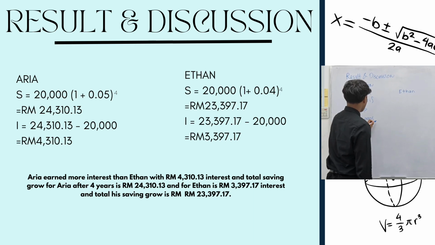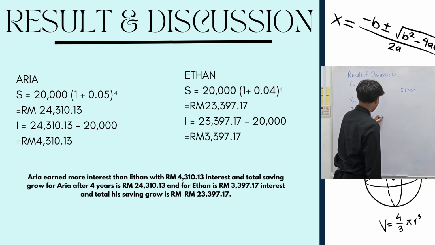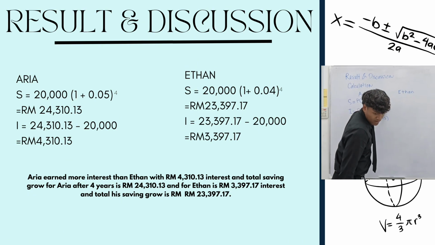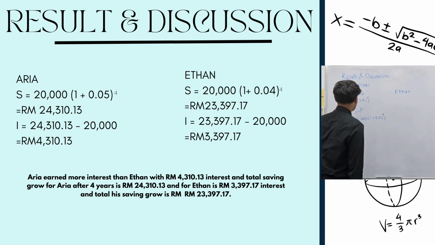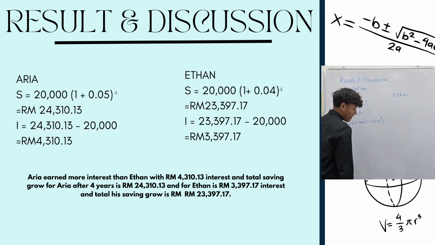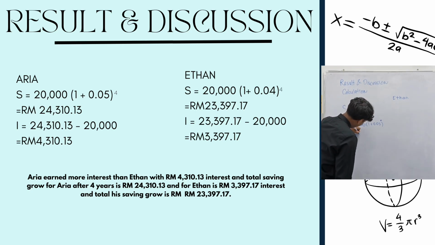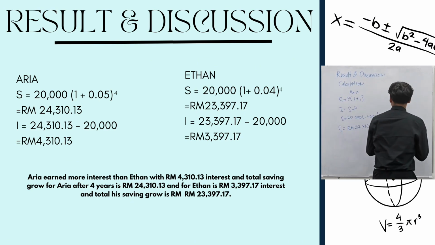Open the bracket, 1 plus i is 0.05, close bracket, and n is 4, so the power is 4. Tap your calculator and you will get the answer for S, which is RM24,310.13. Okay, that's for S.